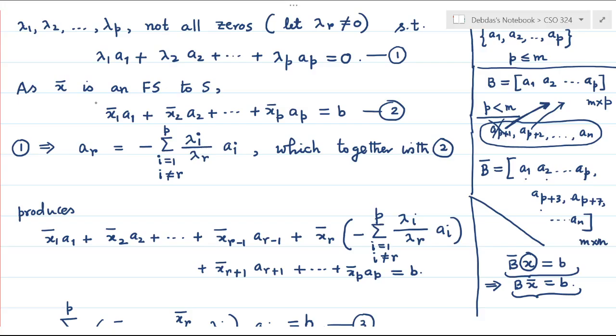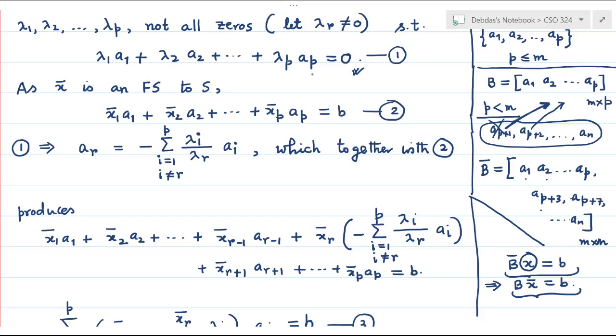Let's suppose all lambda_i except lambda_r are 0, then this equation leaves you with lambda_r into a_r equal to 0. If a_r is a non-null vector, then lambda_r into a_r equal to 0 will imply lambda_r equals 0. So just one lambda_r being non-zero is not possible.